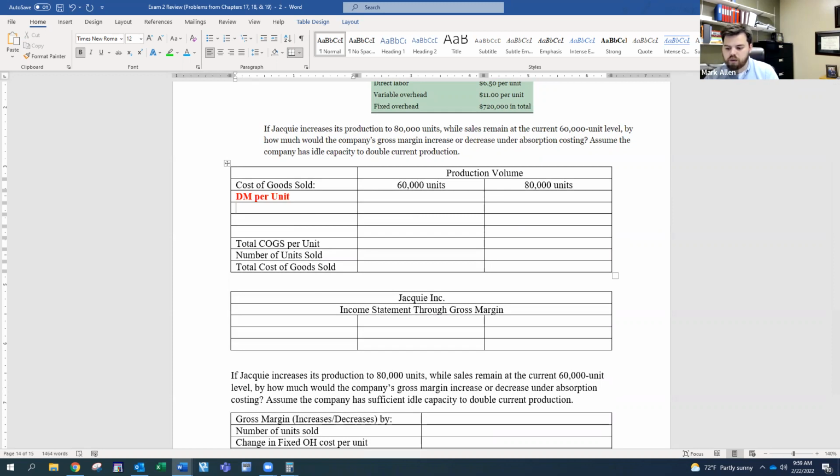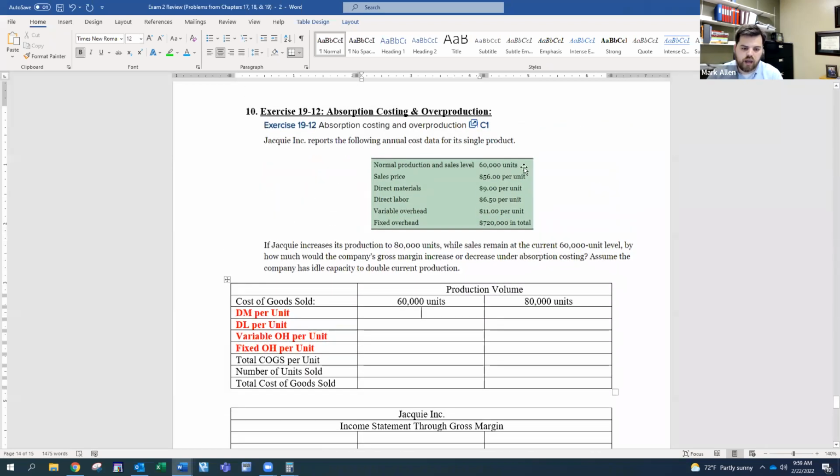We need to look at our direct materials cost per unit, our direct labor cost per unit, our variable overhead per unit, and of course, our fixed overhead per unit. So at the 60,000 unit level, my direct materials, direct labor, and variable overhead are $9, $6.50, and $11 respectively.